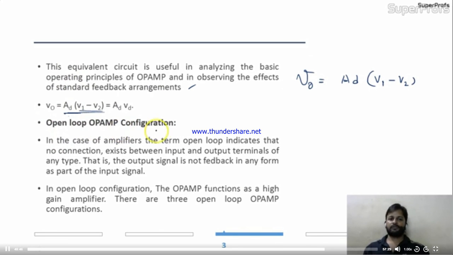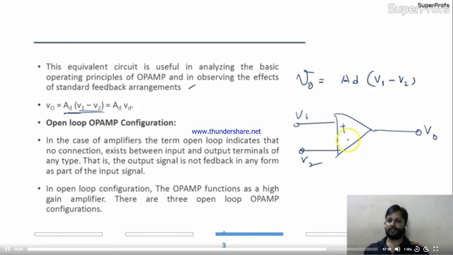Now, open loop Opamp configuration. Open loop means there is no feedback from the output. This is V0, V1 and V2, plus minus. There is no feedback, so this is not self-controlled. In the case of amplifiers, the term open loop indicates that no connection exists between input and output terminals of any type.